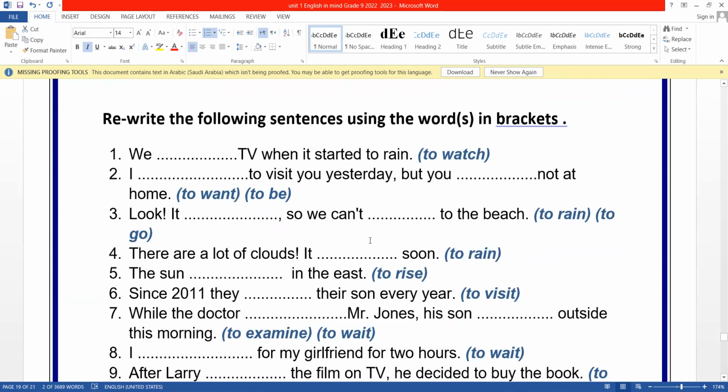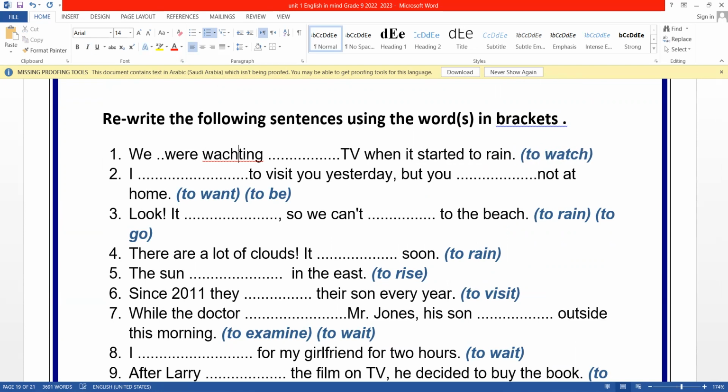We were watching TV when it started to rain. Of course, here when it started is followed by the past simple, so here we put it in the past continuous. We were watching TV.